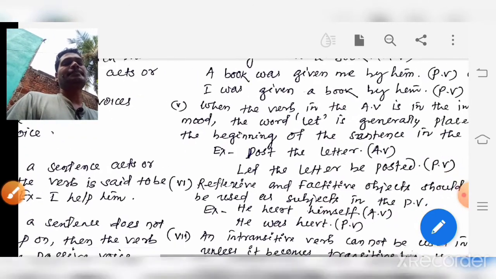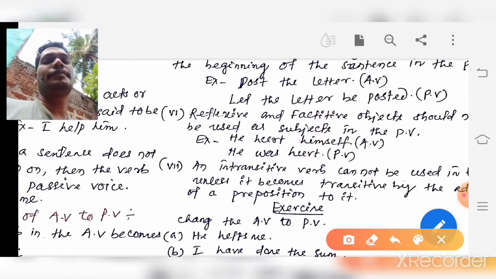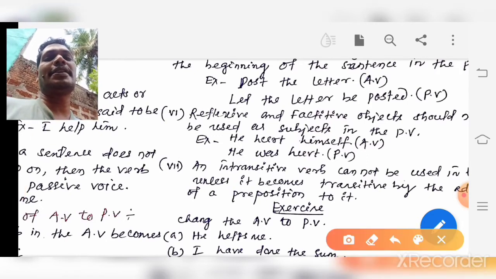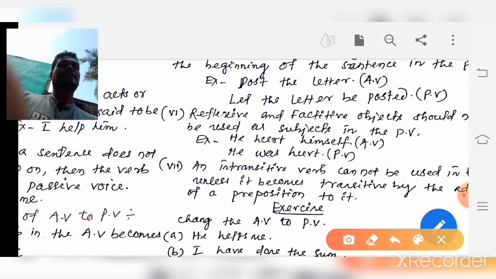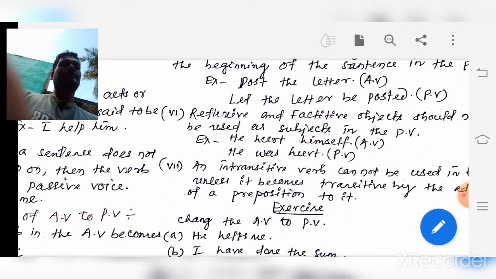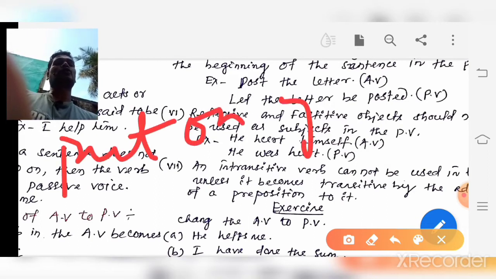Then another example. Put on your shoes.